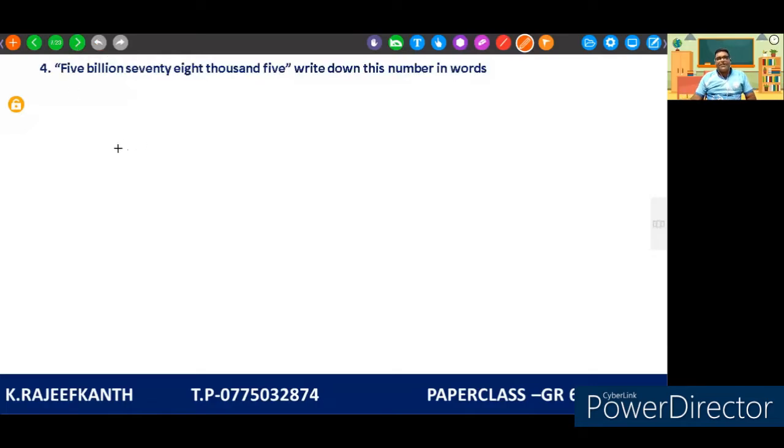Then question number 4. 5,078,005. Write down this number in words. So you have to write down this number in digit form, right? Here they have given that number in words. So you have to write the number in digit form. 5,078,005.